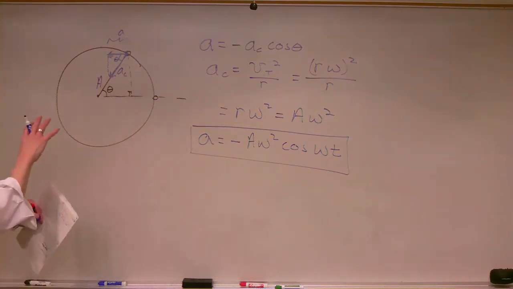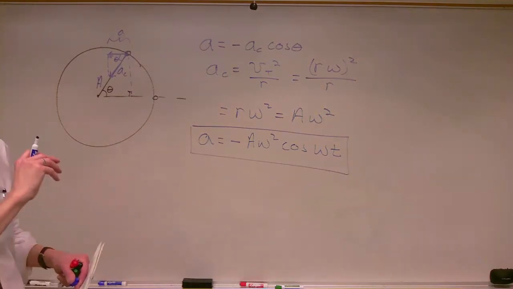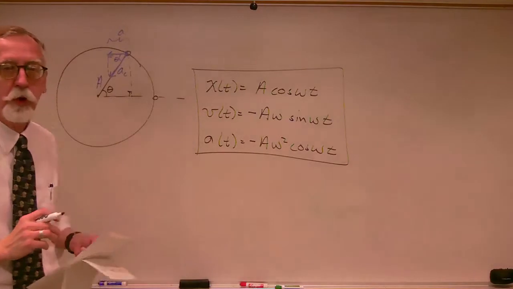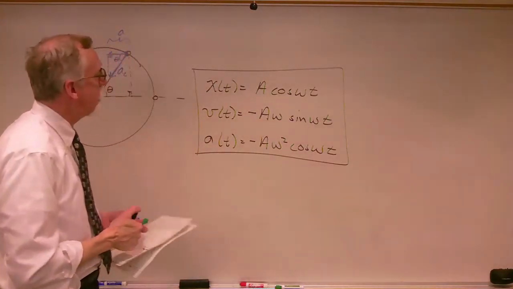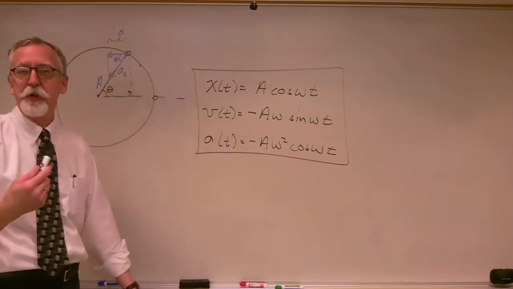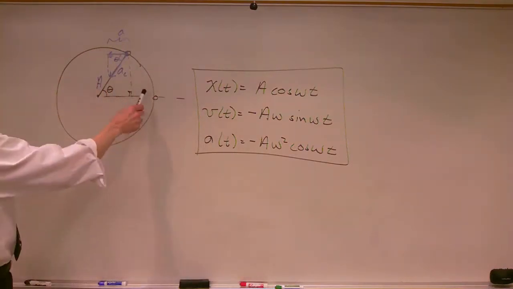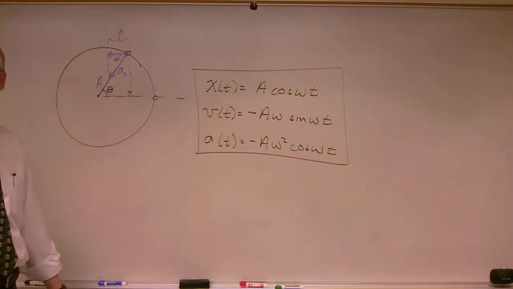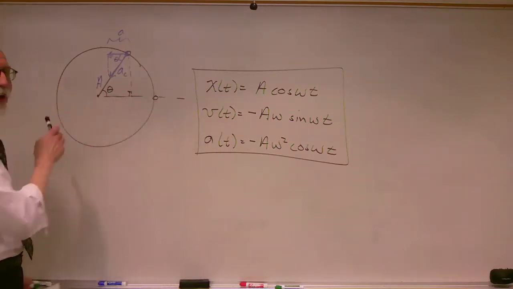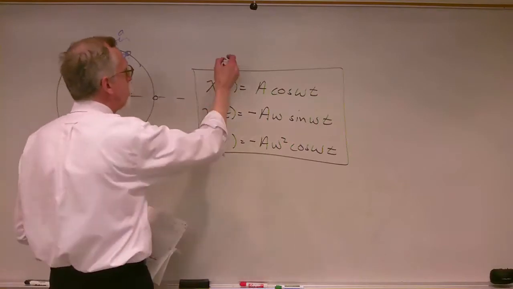So let's recap. What are all of the results that we have so far? Okay, so here we go. What we've got is the position, the velocity, and the acceleration as a function of time for our uniform circular motion, but let's keep in mind all of these are just giving us the x component of these quantities.